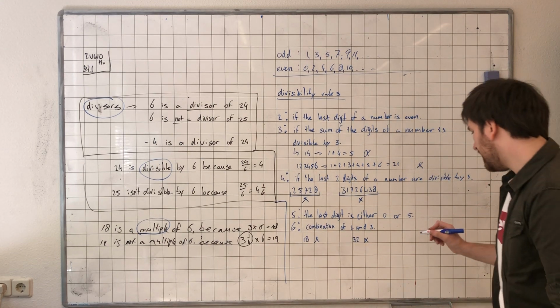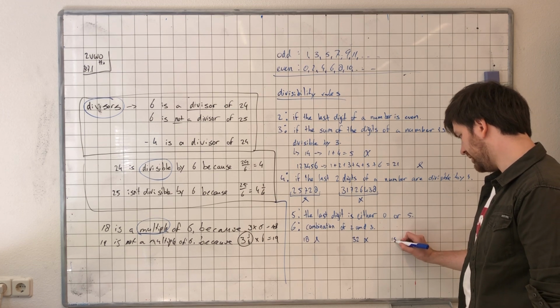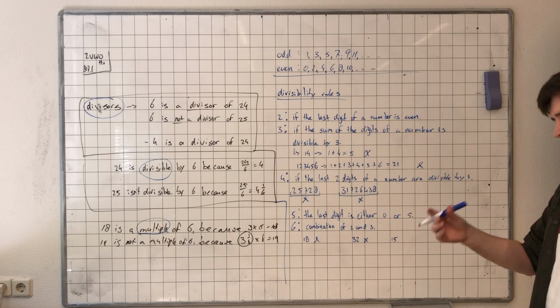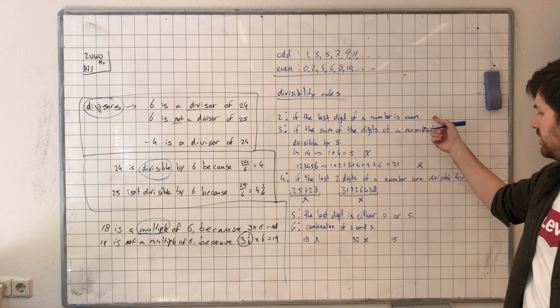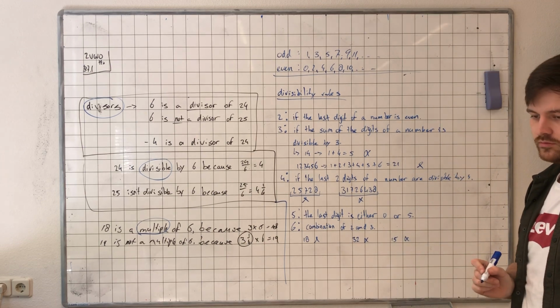But for example, 15: these two digits added up is 6. 6 divided by 3 is 2, so this rule holds, but the last number is not even, so both of these things have to be true.